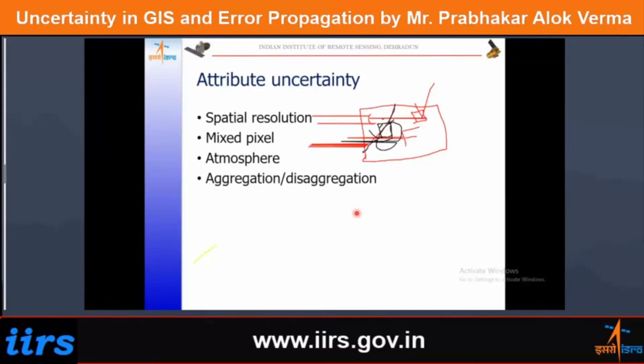So because of atmospheric effect, attribute uncertainty can come while you are creating the data. Though there are models for atmospheric correction, like the FLAASH model, that do corrections, obviously there may be some error in the correction process also.